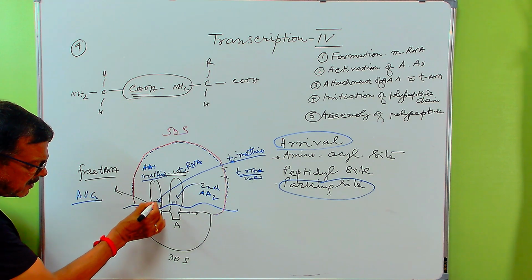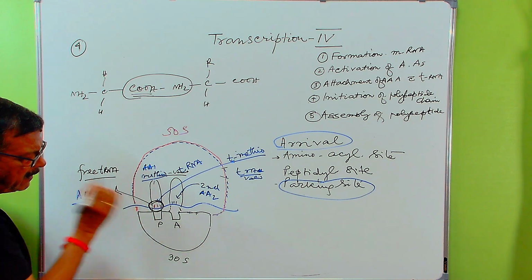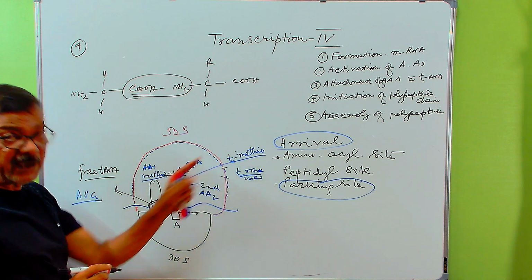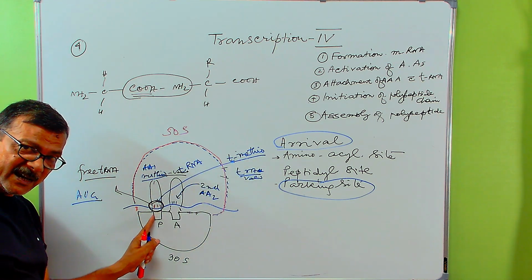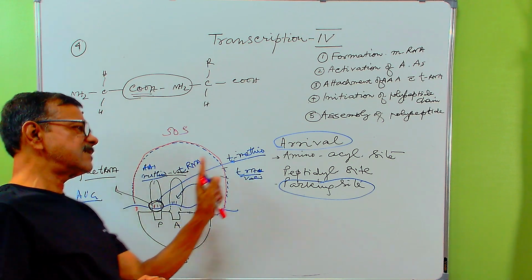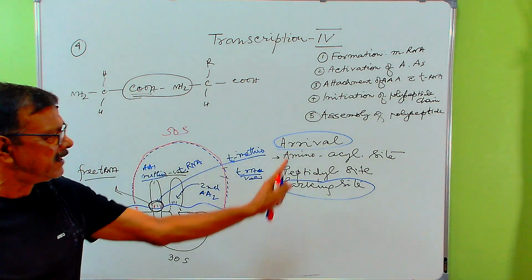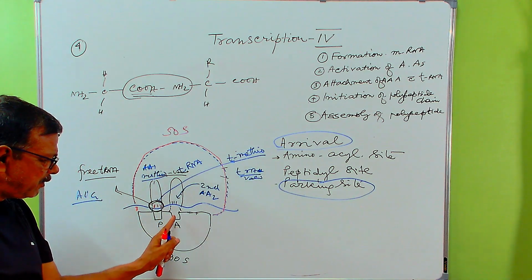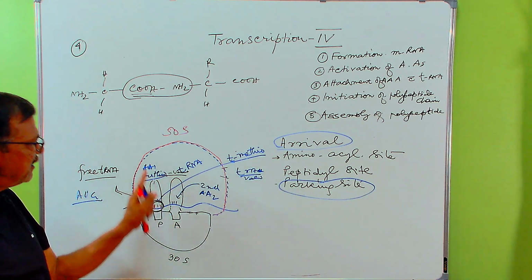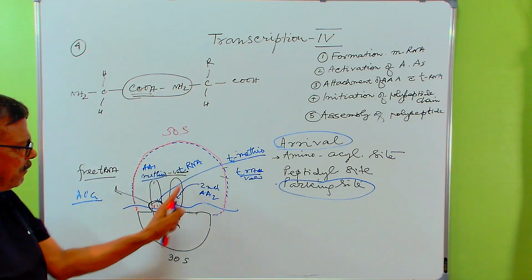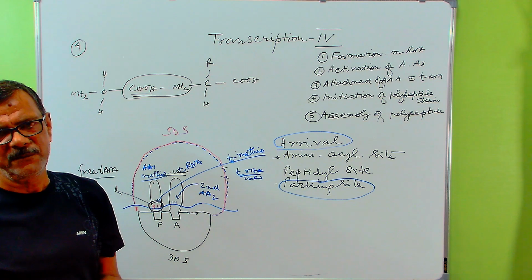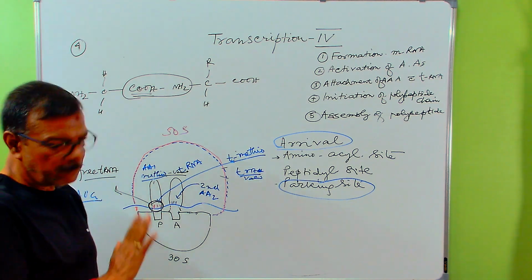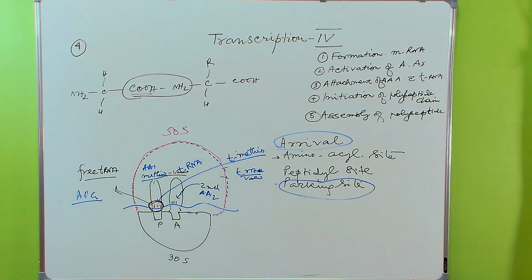So the first tRNA bearing methionine will be at the P site, and the second and subsequent amino acid bearing tRNAs will come to the arrival site, and they will join with a CONH bond, and the polypeptide chain is formed. Okay, now we have come to the last part.